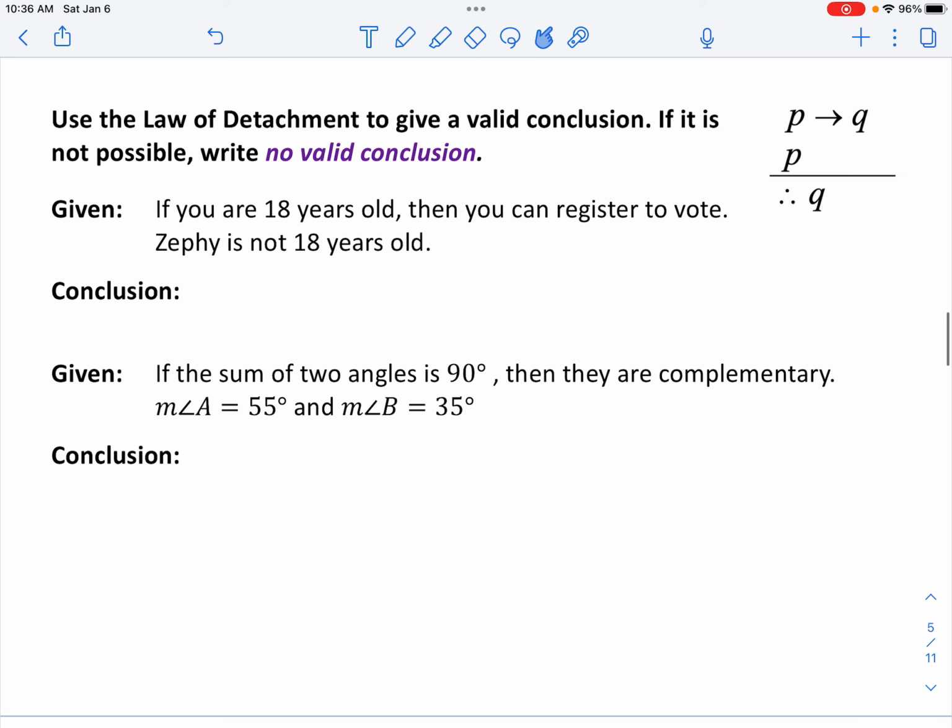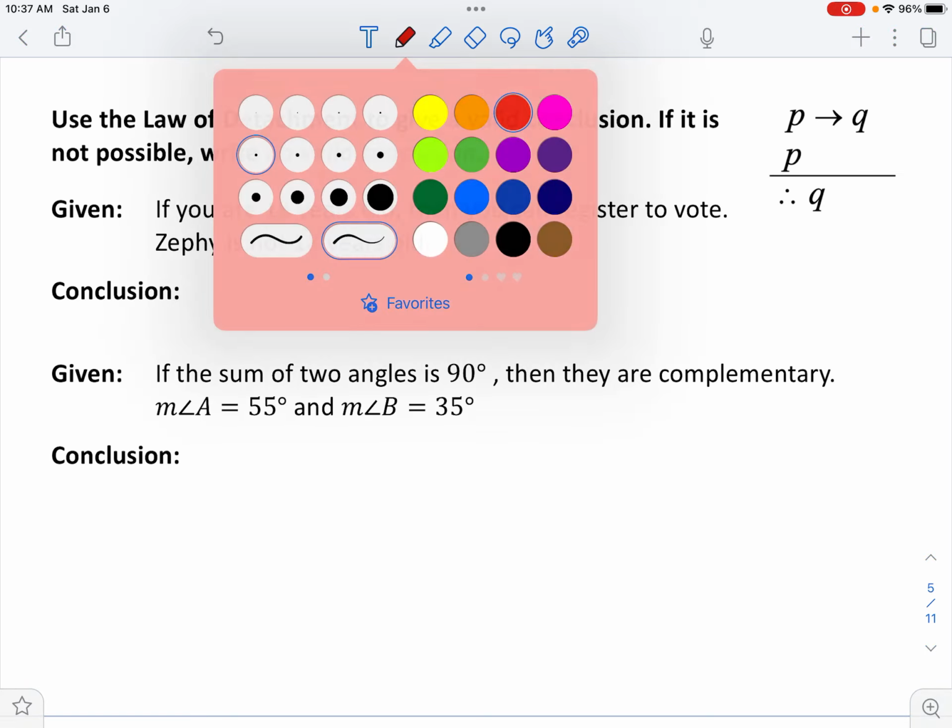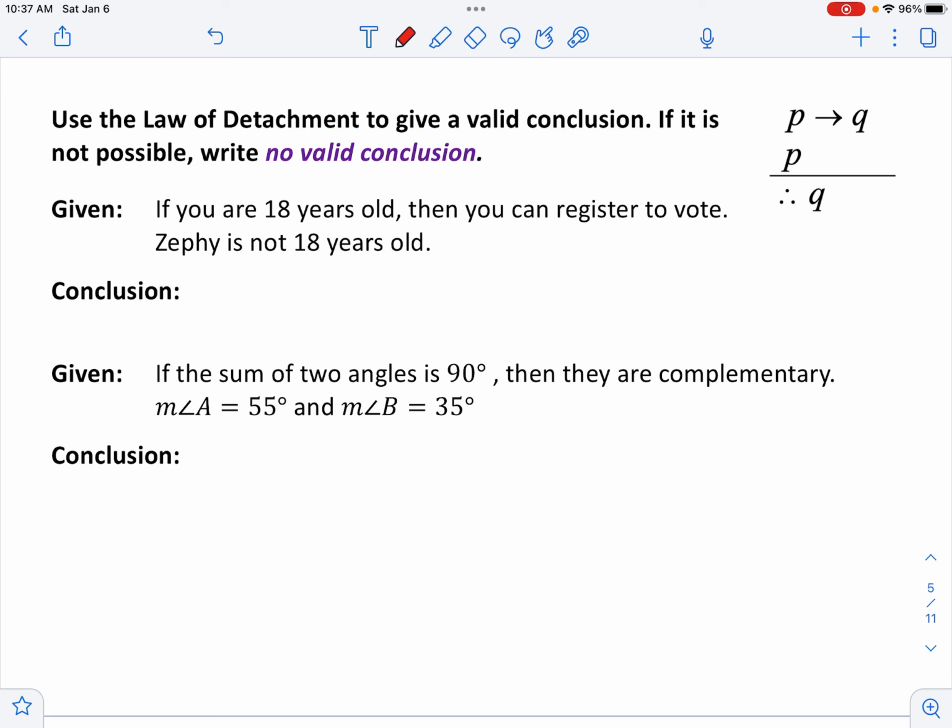Okay, so I have a couple of examples here. I also have this symbolic representation in the corner to kind of just keep us familiar with what's going on. All right, use the law of detachment to give a valid conclusion. If it is not possible, write no valid conclusion. Okay, if you are 18 years old, then you can register to vote. Okay, Zephy is not 18 years old.